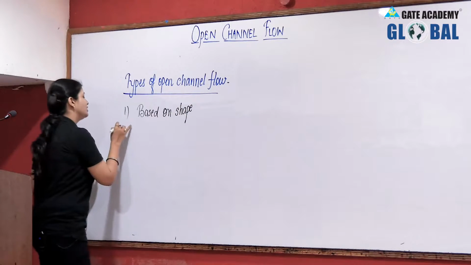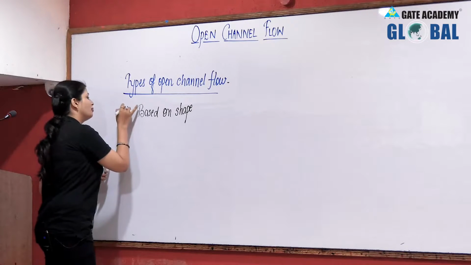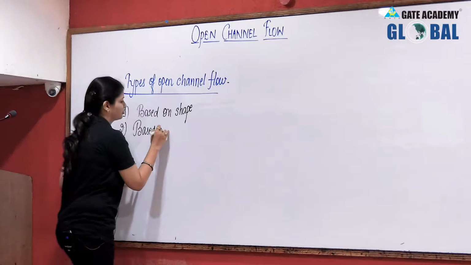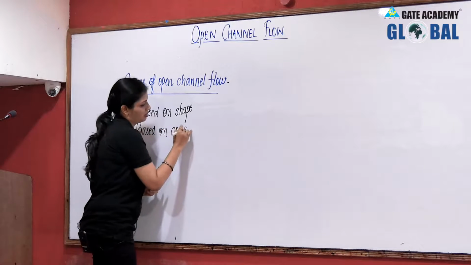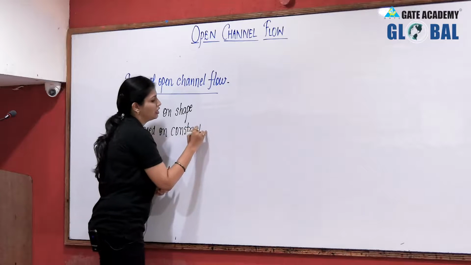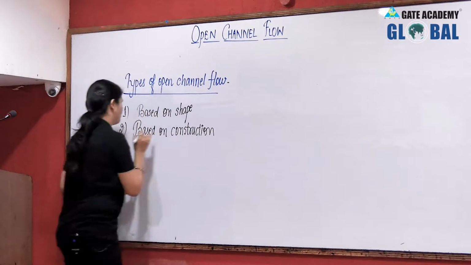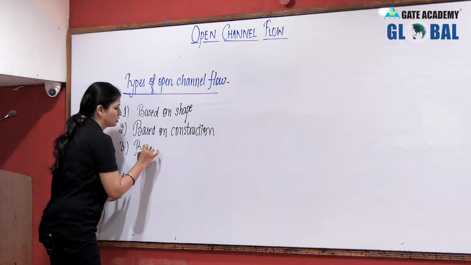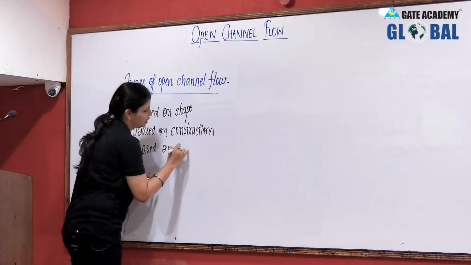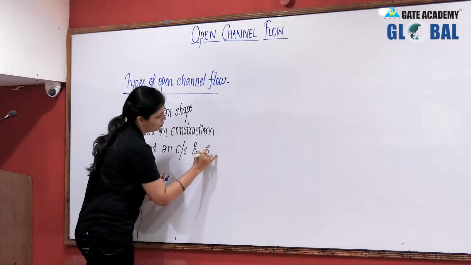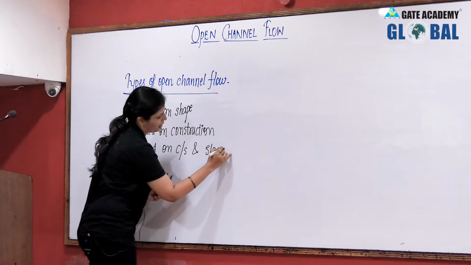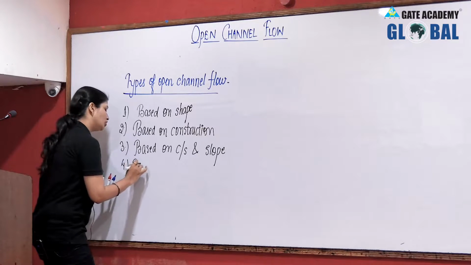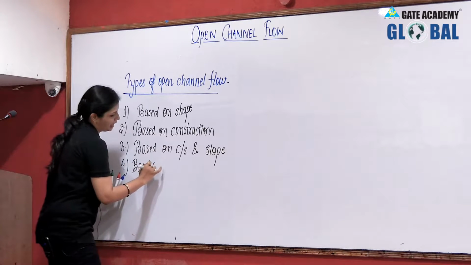Second one is based on construction. Third one is based on cross section and slope, and last one is based on boundary characteristics.